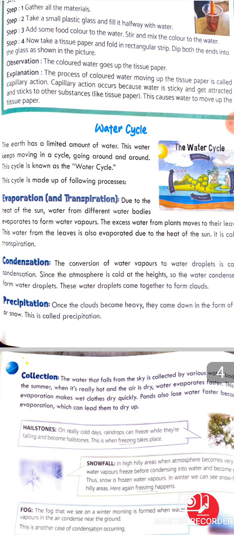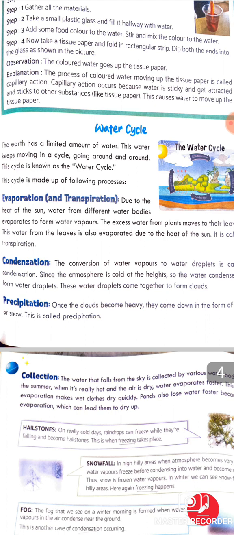First, in evaporation, you had learned that water in liquid state changes into gaseous state. When water in various water bodies gets heat from the sun, it changes into water vapor and goes into the sky to form clouds. So this process of changing water into water vapor from the heat of the sun is called evaporation.